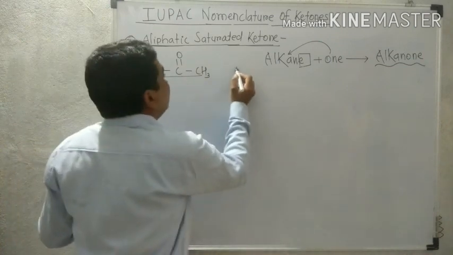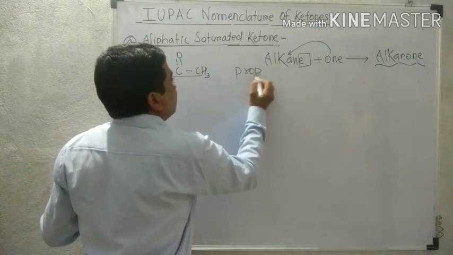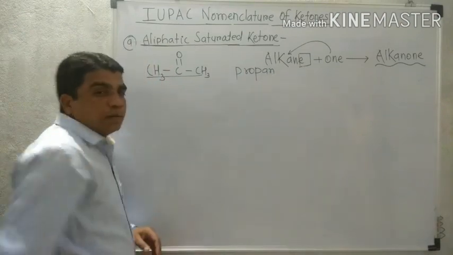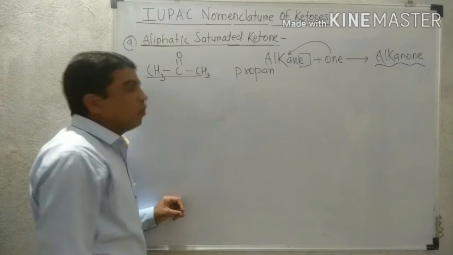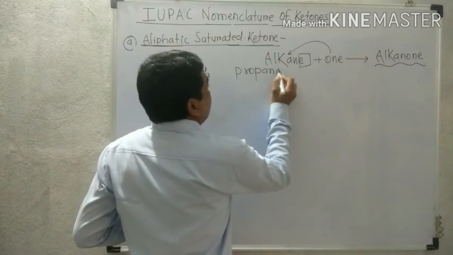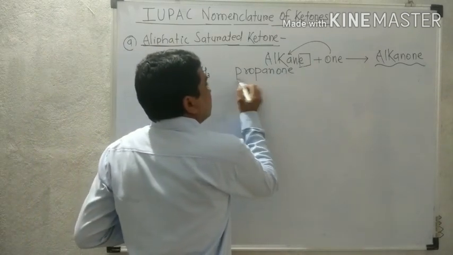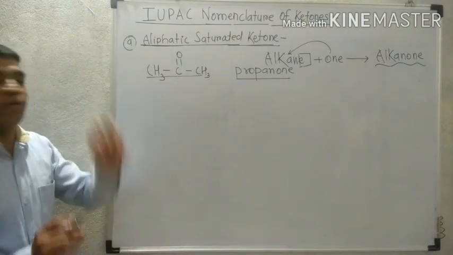The respective alkane is propane. By replacing the ending E, only propan remains. By adding O and E, the IUPAC name of the structure is obtained.